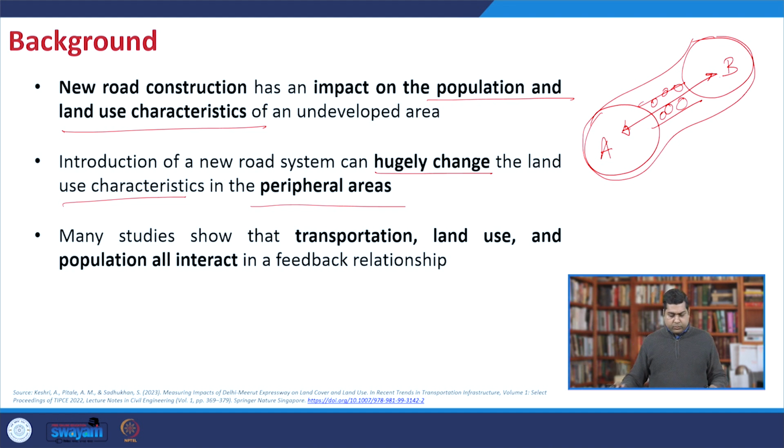Many studies show that transportation, land use, and population all interact in a feedback relationship. So that means whenever you have certain land and there is no connectivity, it is limited. Probably the changes are not that phenomenal or substantial over time.